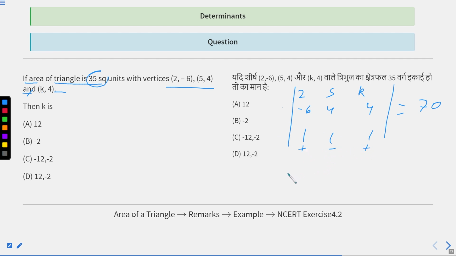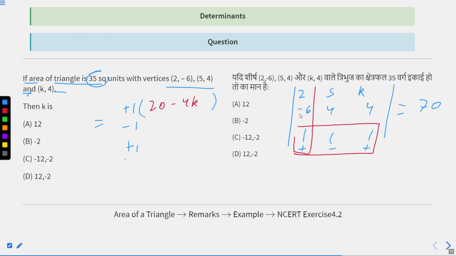Now I will be expanding using these, so the signs are plus minus plus. Now expand this: plus 1, minus 1, plus 1. So far so good. Eliminating this column and row, you are left with 20 minus 4k.